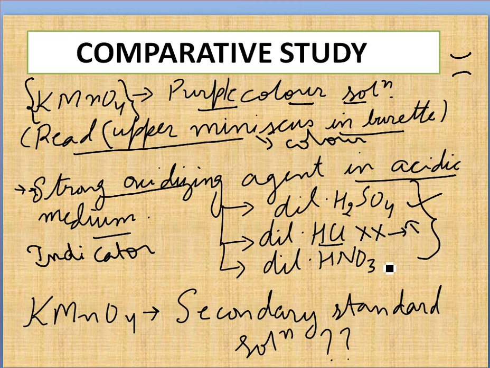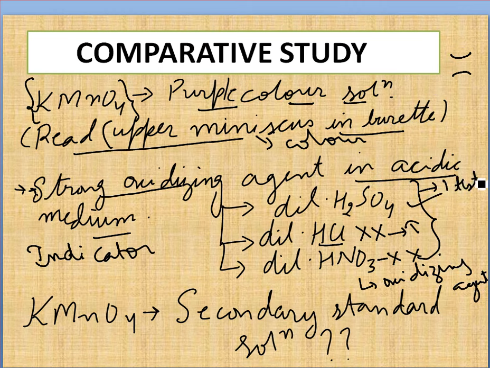And next, HNO3 also cannot be used because it is also an oxidizing agent. The reading will be less, so it cannot be used. So in ferrous ammonium sulfate, the acidic medium is dilute H2SO4, one test tube will be required in ferrous ammonium sulfate with the titration of KMnO4.